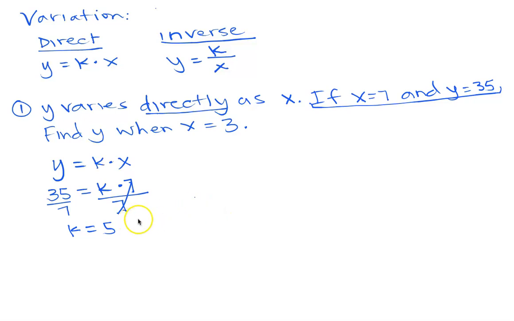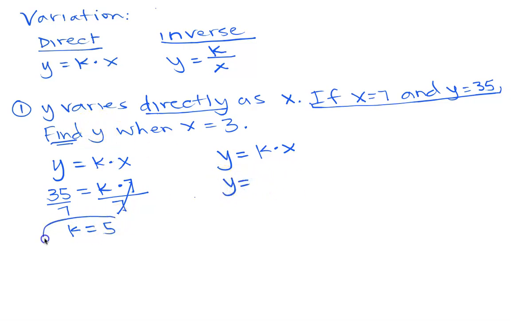Okay, and then we're going to use that, because we haven't found what they wanted yet: find y when x equals 3. So I'm going back to that same direct variation formula and putting in what I know now. I don't know what y is, that's what I'm trying to find.